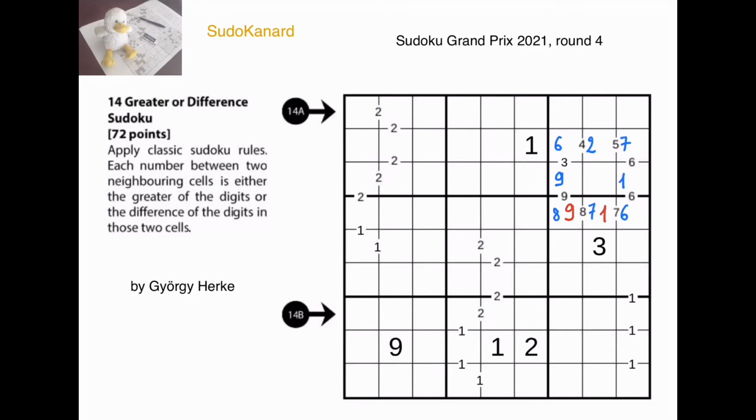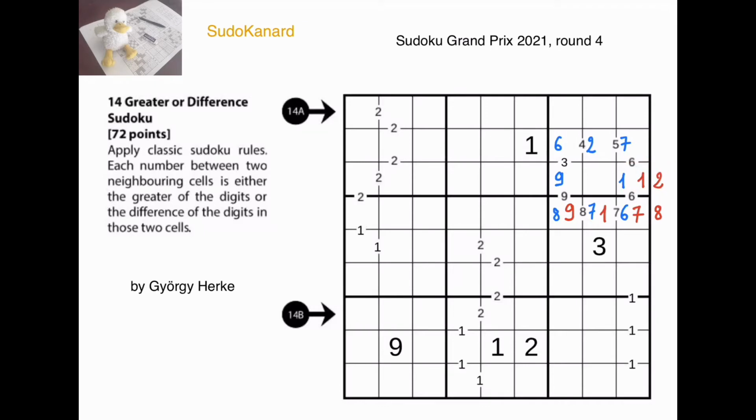So I'm afraid I have to do two separate options, 7 and 8. And in both cases, you see that 6 is not the bigger digit, so it has to be the difference. And we get 1 or 2 accordingly.